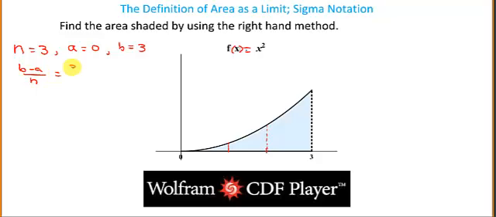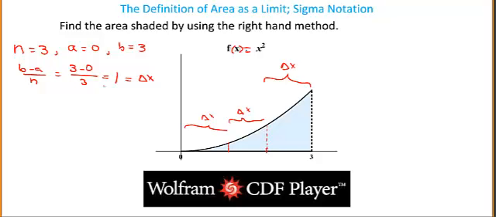In this case, 3 minus 0 over 3, which is 1, and we call this value delta x. Delta x is the width of the first rectangle, the second one, and the third one. In this case, delta x is 1.